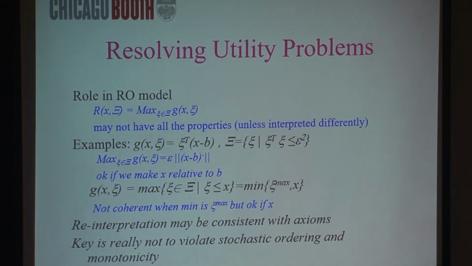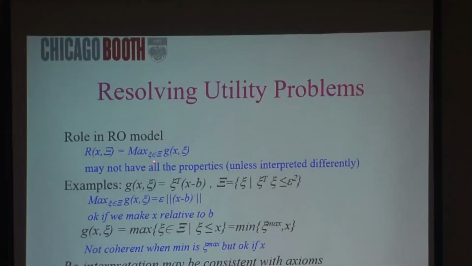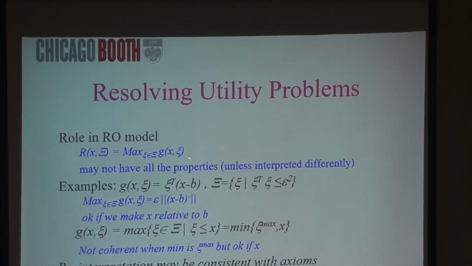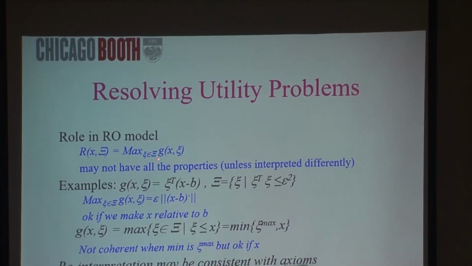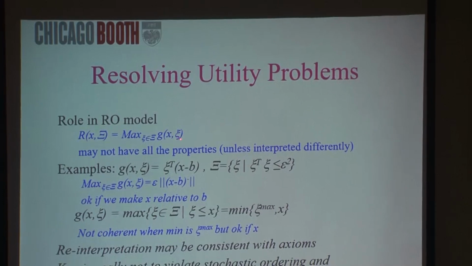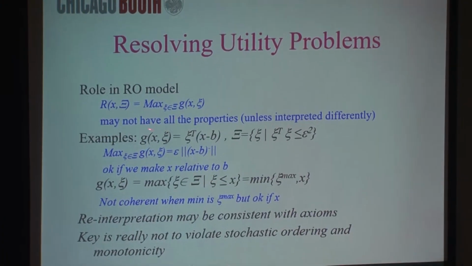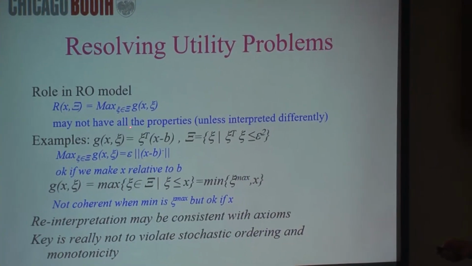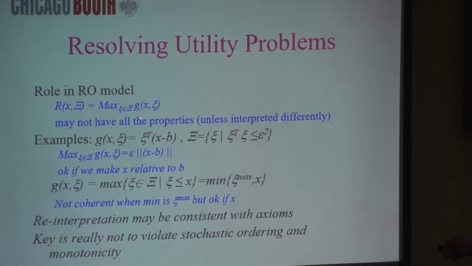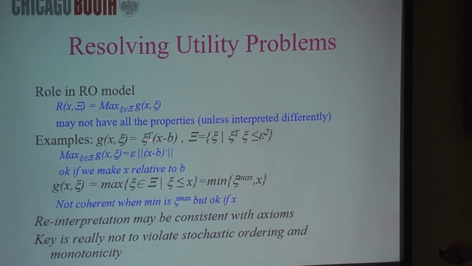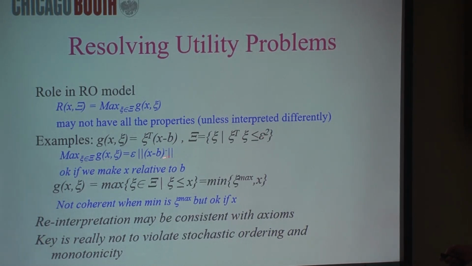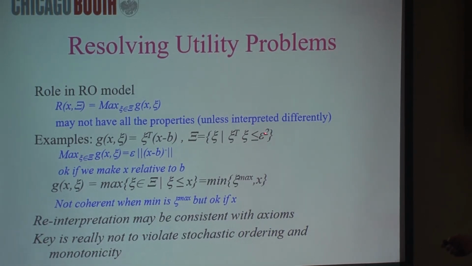Some of the things that I talked about yesterday, like the robust optimization model, that's the maximum of the possible outcomes over whatever this criterion function might be. That may not have all these properties. So for example, if I take this maximum here, this is the maximum over this set.